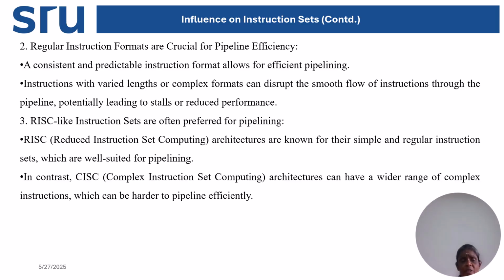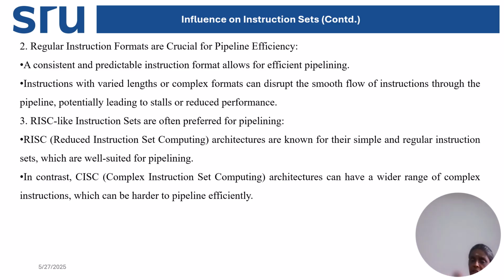Instructions with varying length, so already that is why I am telling uniform, that word I am using. Varied length or complex format can disrupt the smooth flow of instructions through the pipeline. Why are we using the pipeline? To increase the performance.